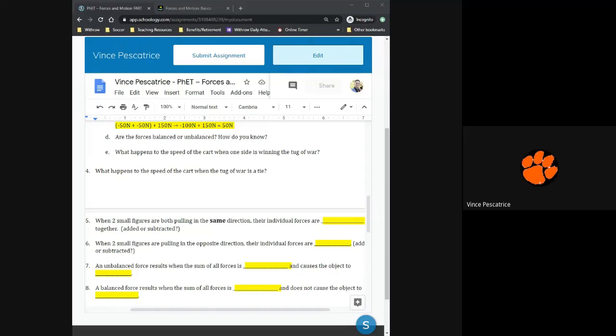So fill in the blanks. Remember, over here, I'll kind of give you guys a hint on 7 and 8. Unbalanced forces is when the sum of all forces is what? So what would the sum of all forces be? All right. It would be anything greater than 0. So you can put not equal.